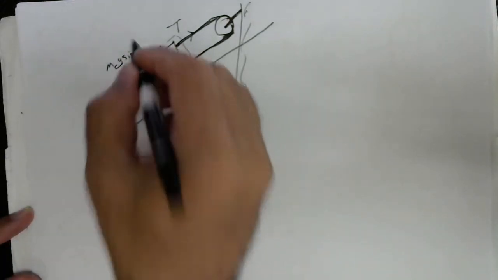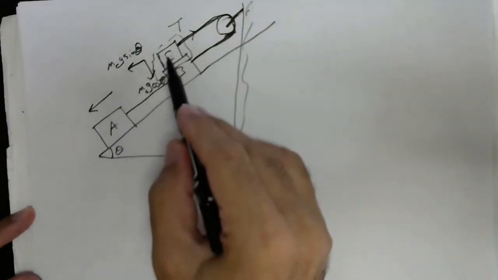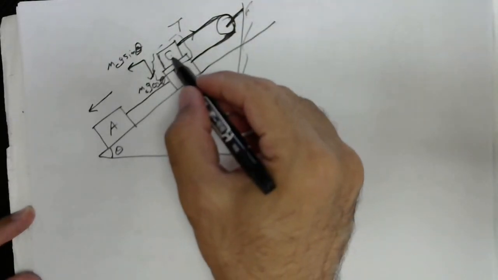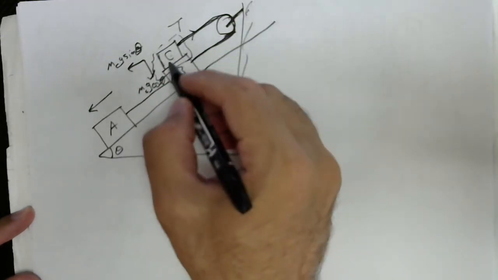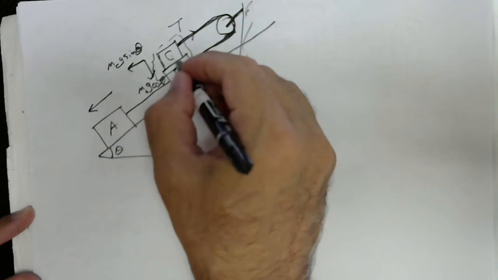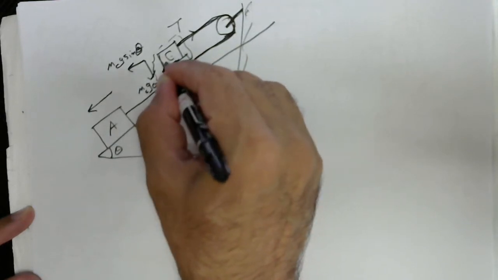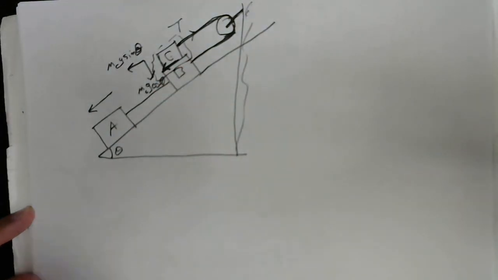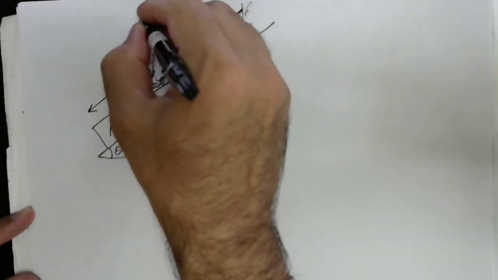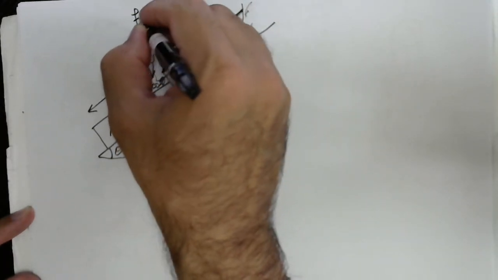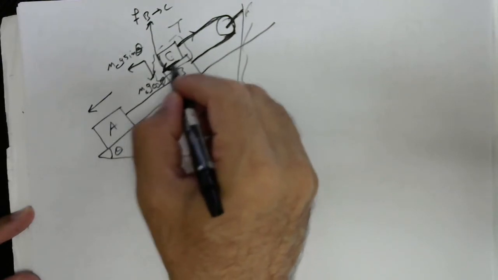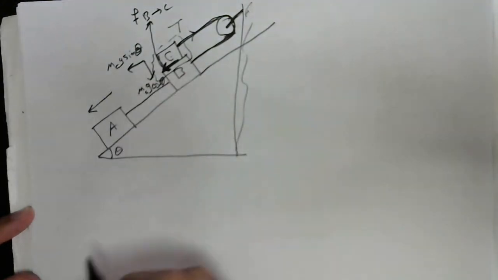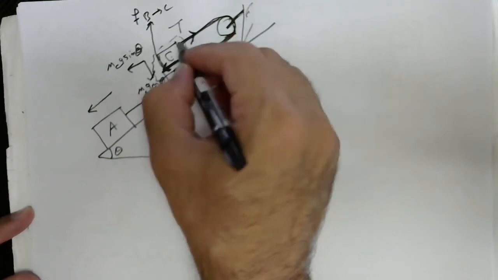These are the gravitational forces corresponding to mass C. But there is a frictional force between these against the motion. So the motion is up, therefore the friction is down in this direction. And this frictional force is F B to C between the two objects. And T is the driving force for C.